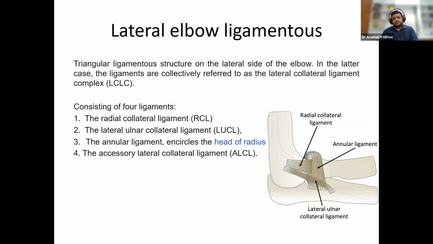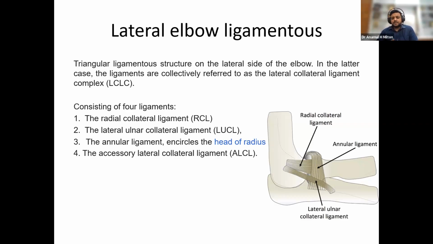In the lateral ligamentous complex, the lateral collateral ligament complex, there are three ligaments, sometimes another one is added. The first is the radial collateral ligament, the second is the lateral ulnar collateral ligament, the third is the annular ligament, and the fourth is the accessory lateral collateral ligament.